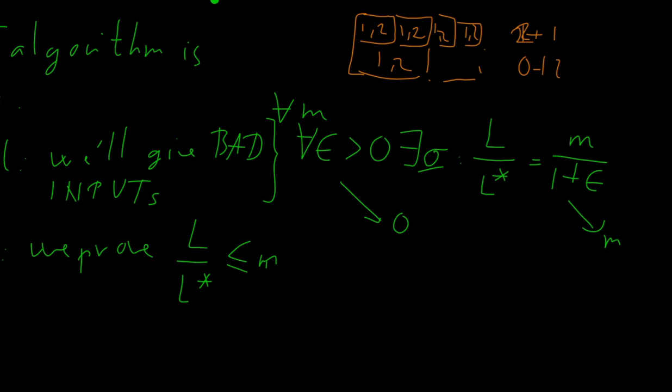So in this case we are not only giving one input on which the ratio is exactly m, but we will give a family of inputs on which the ratio converges to m. But this is enough to show.